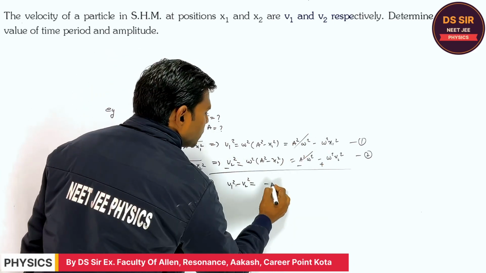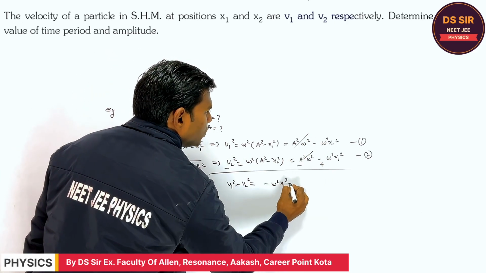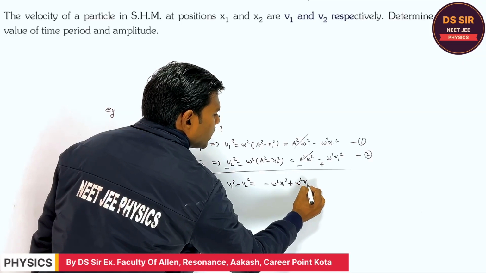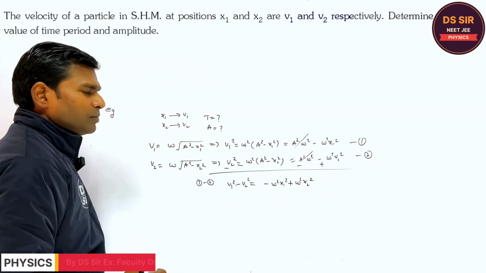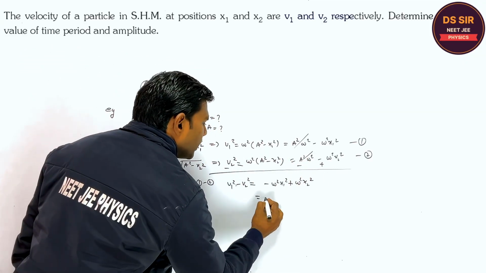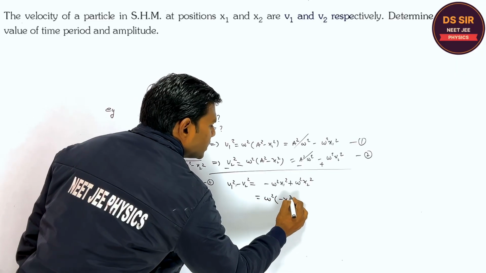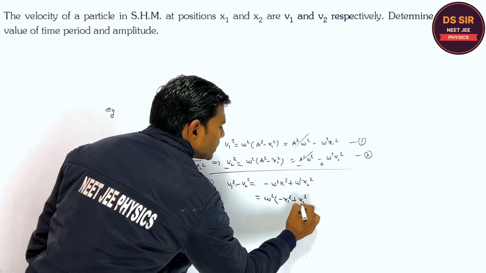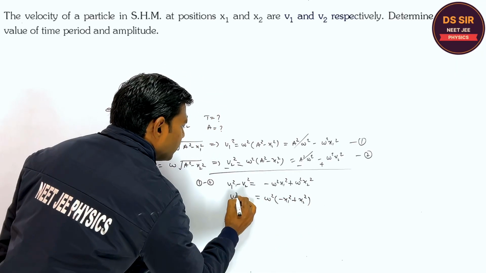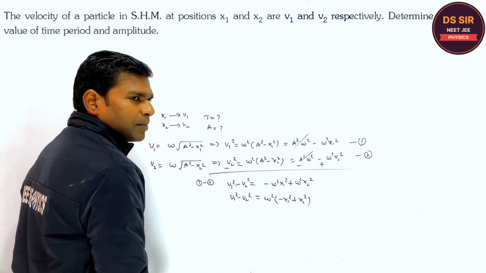So v1 squared minus v2 squared is minus omega squared x1 squared plus omega squared x2 squared. Taking omega squared common, it is omega squared times (x2 squared minus x1 squared).